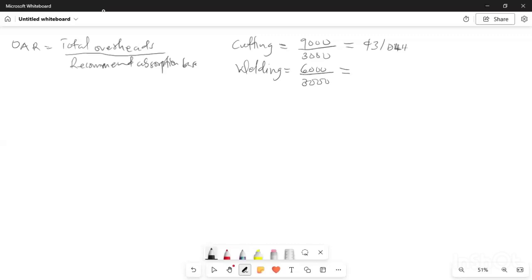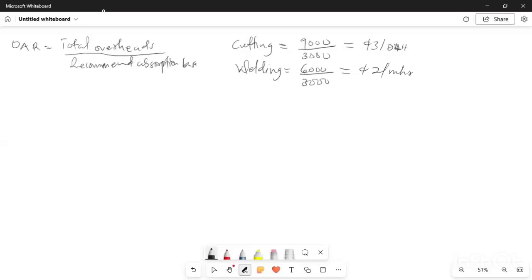When we cancel, we have 2. So the overhead absorption rate for the welding department is 2 cedis per machine hour. That is our absorption rate for each department.